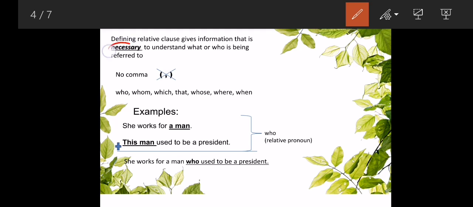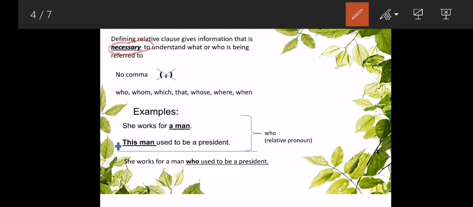Notice this underlined word, necessary. What does necessary mean? It is essential. You can't take the sentence out. If you omit a defining relative clause in a sentence, that sentence will have a different meaning. The meaning will be incomplete.